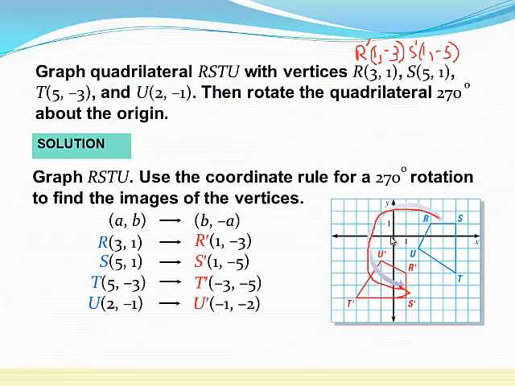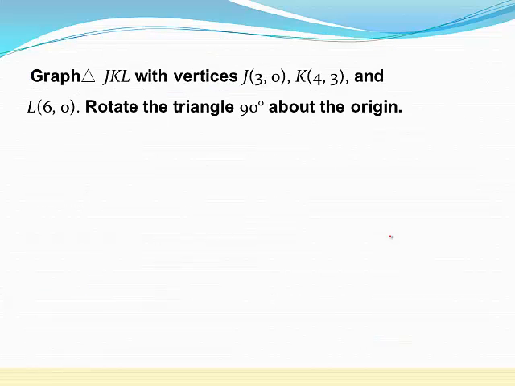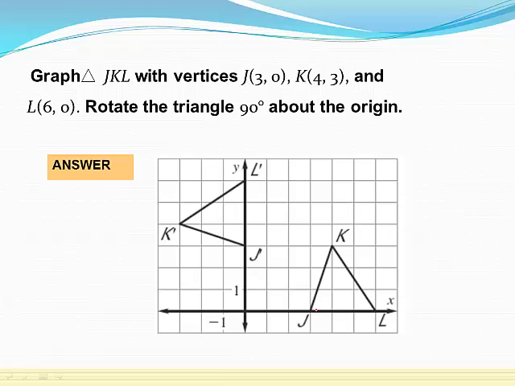Let's do that for each one of them. Your J, which was (3, 0), should now become (0, 3), because there's no opposite of 0. Your K, which is over 4, up 3, now becomes -3, up 4, and so on and so forth. This is the rotated figure, 90 degrees about the origin.